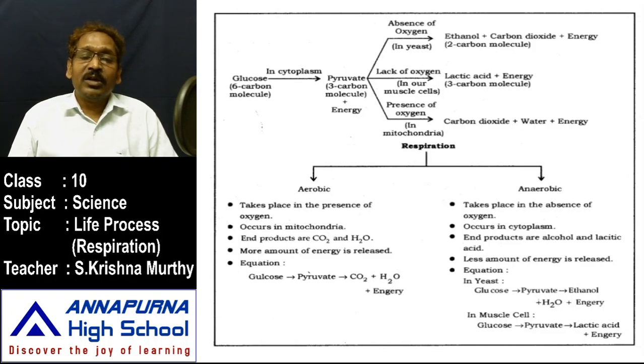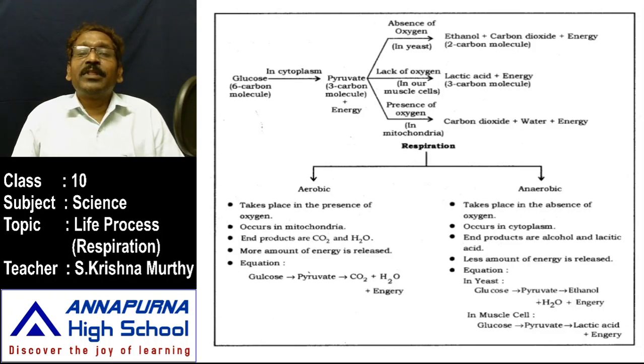Now when we observe anaerobic respiration, it takes place in the absence of oxygen. Without oxygen, the respiration is done inside the cytoplasm, not in the mitochondria. Anaerobic respiration happens only inside the cytoplasm. What are the end products of anaerobic respiration?